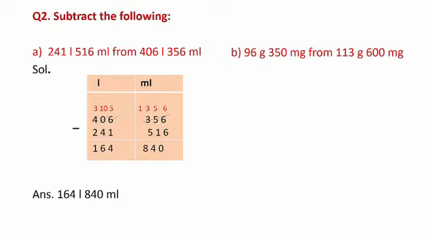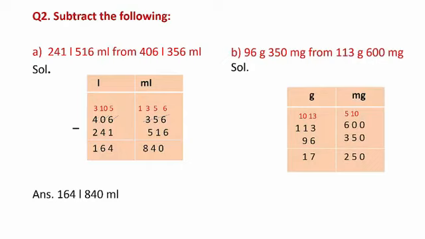Let us take another example, that is 96 gram 350 milligram from 113 gram 600 milligram. Again we'll divide into two columns, that is gram and milligram. So see the milligram column, 600 minus 350.